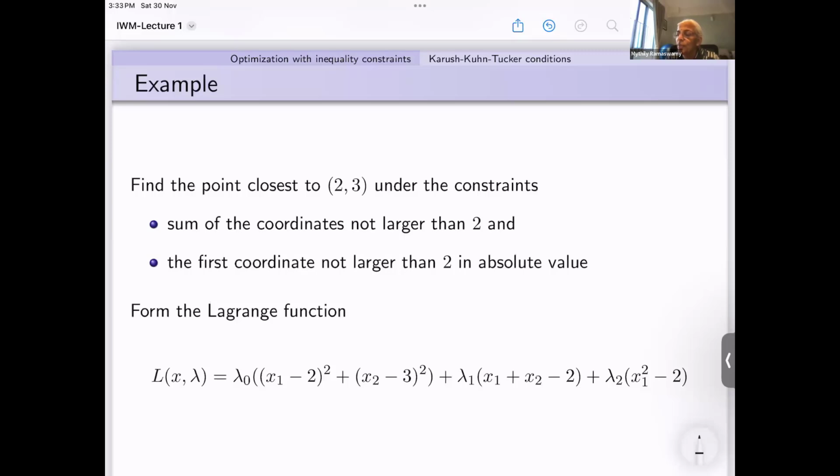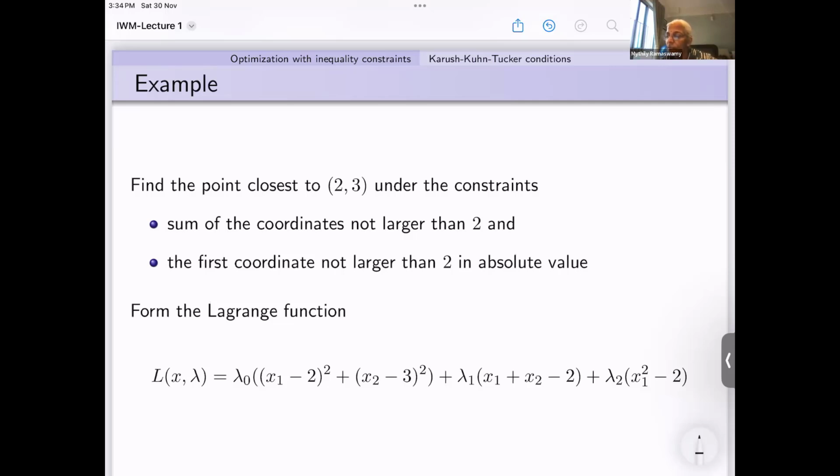So I have written the Lagrange function. The f naught is the distance to be minimized from (x1, x2) to (2, 3), so (x1 minus 2) square plus (x2 minus 3) square. Now, what are the constraints? The first constraint is x1 plus x2 less than or equal to 2, so the constraint function F1 is x1 plus x2 minus 2, less than or equal to 0.